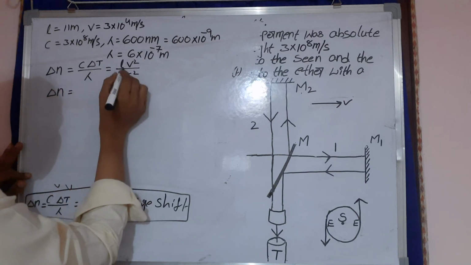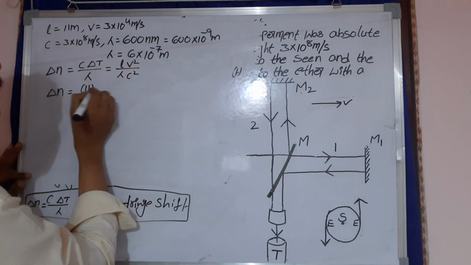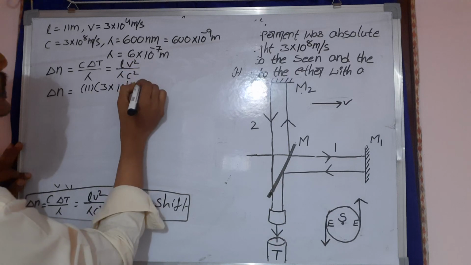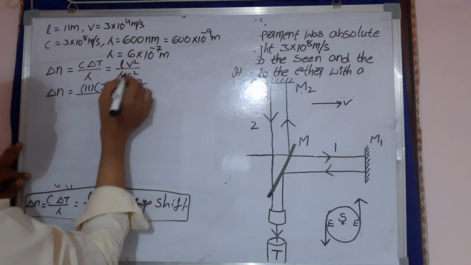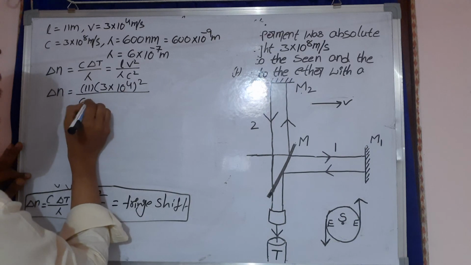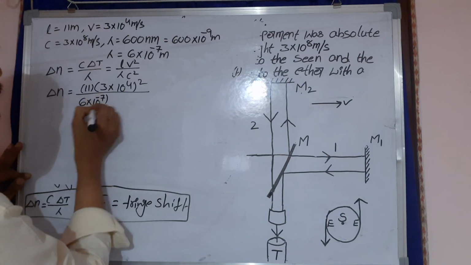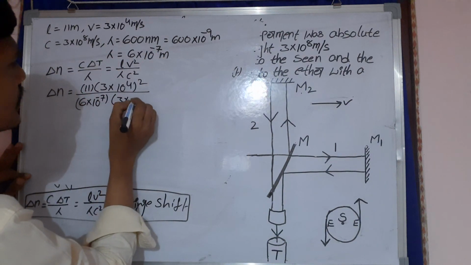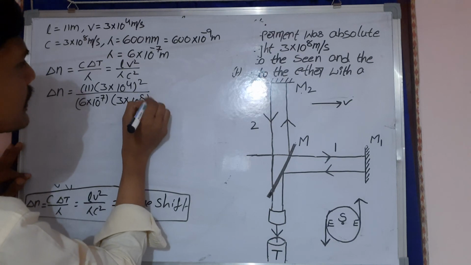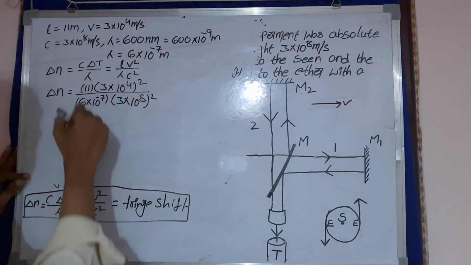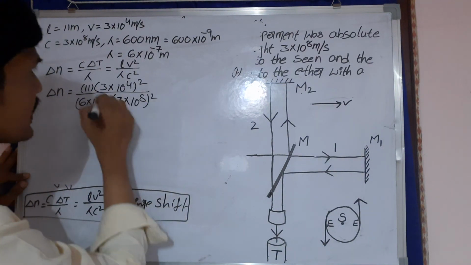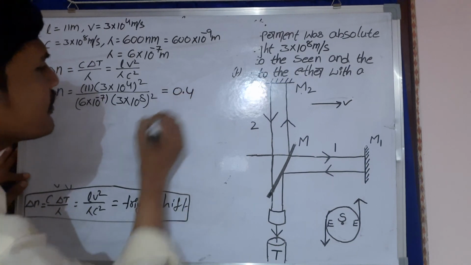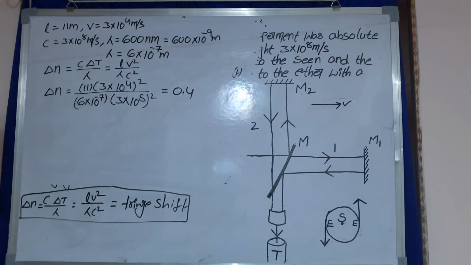Delta n equal to L means 11, V means 3 into 10 power 4 whole square, by lambda means 6 into 10 power minus 7, c means light speed 3 into 10 power 8 whole square. On simplifying, the fringe shift value remaining is 0.4.